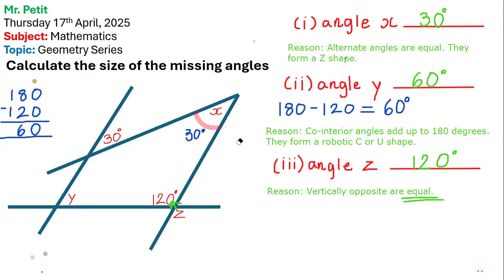And Javon, is this your first week as well? Yes, sir. Are you understanding things or are things not clear to you? Yes, sir. Let me ask you a question. Why is Z 120 degrees? Because they are vertically opposite, I mean equal, sorry. You're right. They're vertically opposite and equal. Very good.